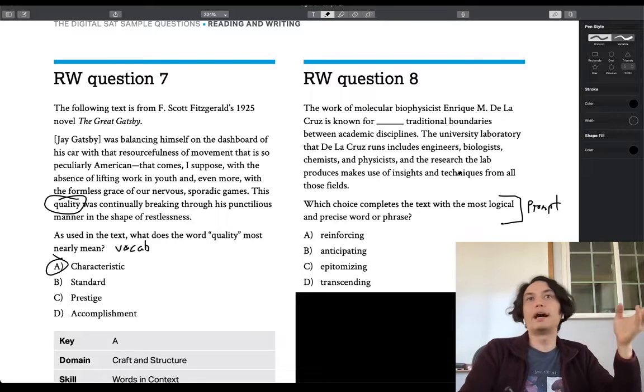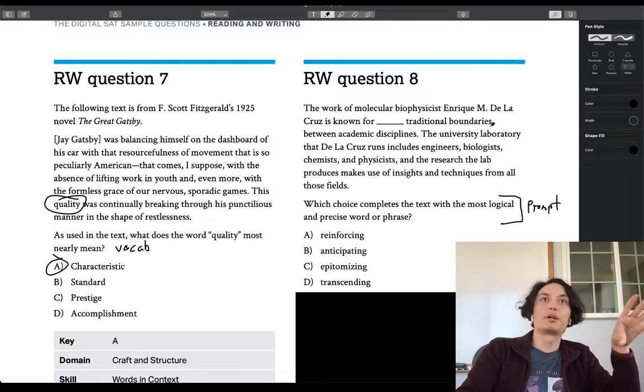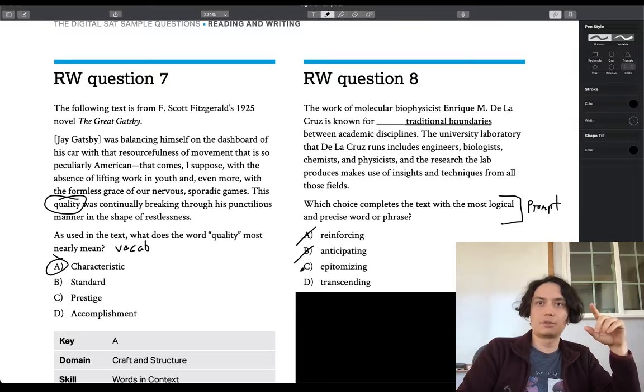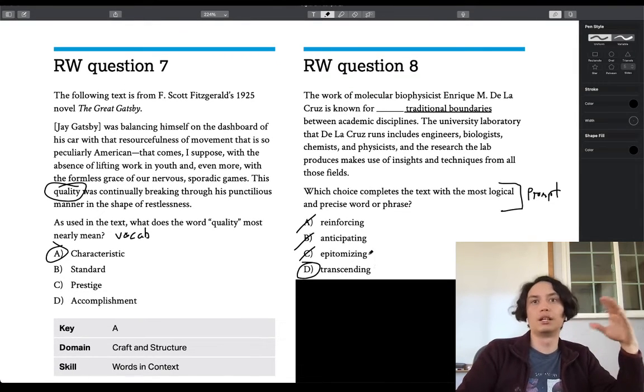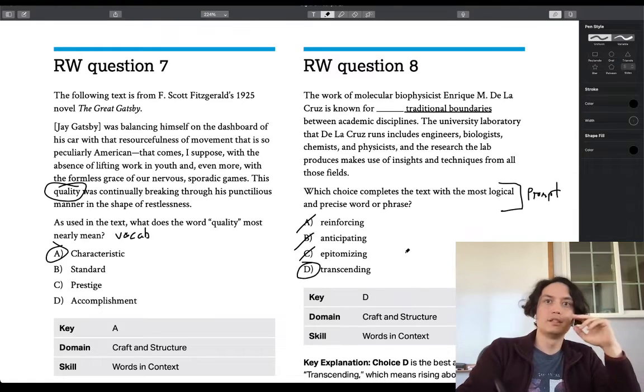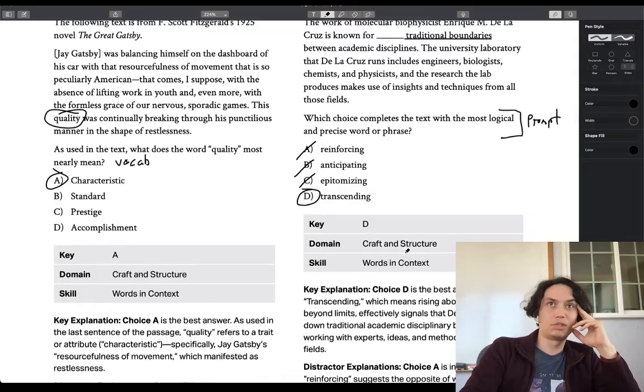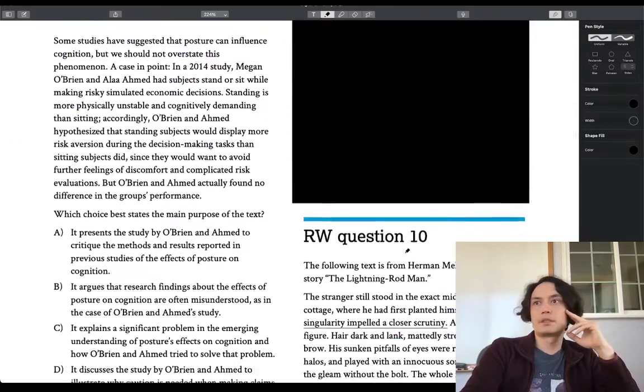Oh boy, we're going to combine disciplines. We're going to cross traditional boundaries, not reinforce them. No, no, no. We're not going to anticipate. We're going to transcend. Oh, wow. We're going to go beyond them. This is just another vocab question. Right. All right. Not that interesting.